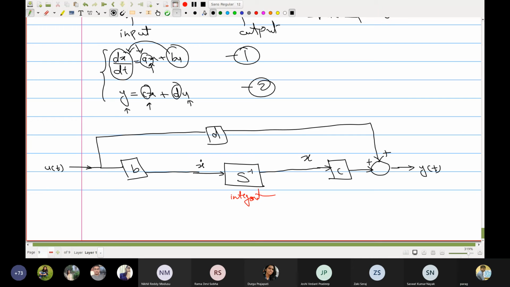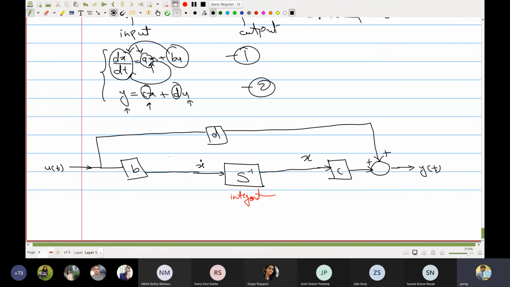The relationship between A and X is such that if you supply your dx by dt with 1 over A, you will get X, right?